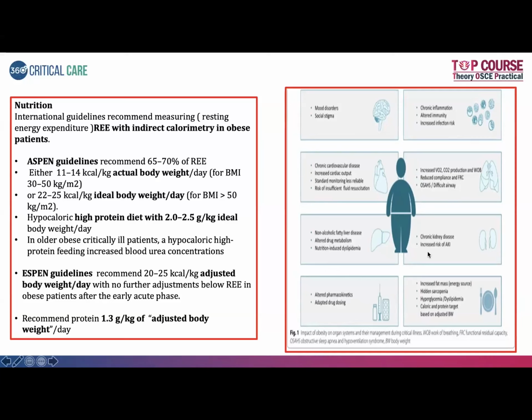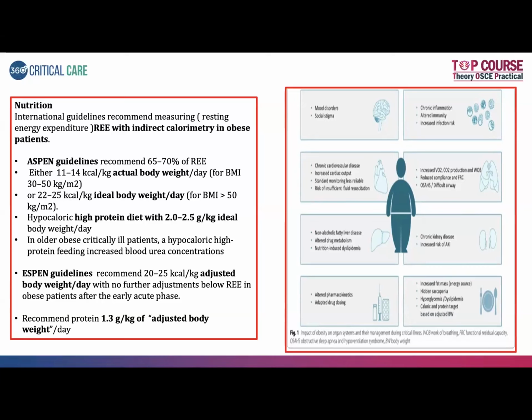Kidney-related: glomerulomegaly, focal glomerular sclerosis, and chronic increased risk of AKI and CKD. Okay, so hyperglycemia, dyslipidemia, hidden sarcopenia, increased fat mass. So these are the various impacts of obesity on various organ systems.